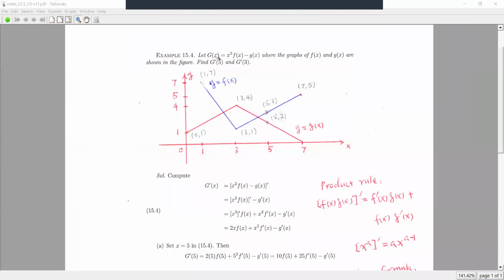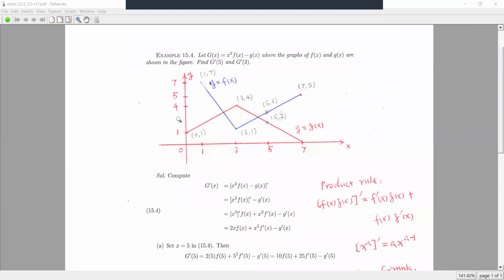Now, for the derivative at the point 5, plug in the number 5 for x here. Then we have the derivative of big G at 5 is this number. Simplify this expression a little bit, we get this number.